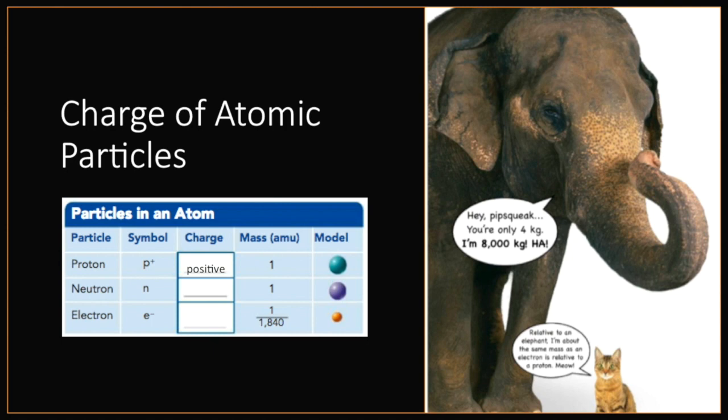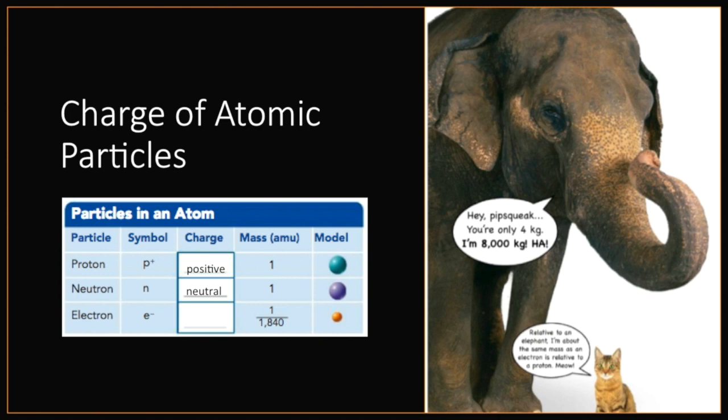So what about neutrons? They are also located in the nucleus. What charge do they carry? They are neutral, so they don't carry any charge at all. They do have mass, but they don't carry charge. So think about all that positive charge locked up in the center of that nucleus.